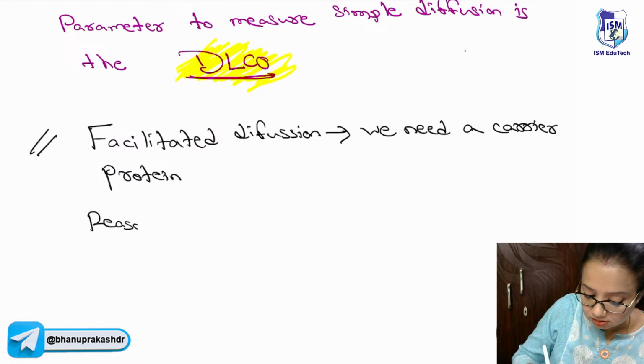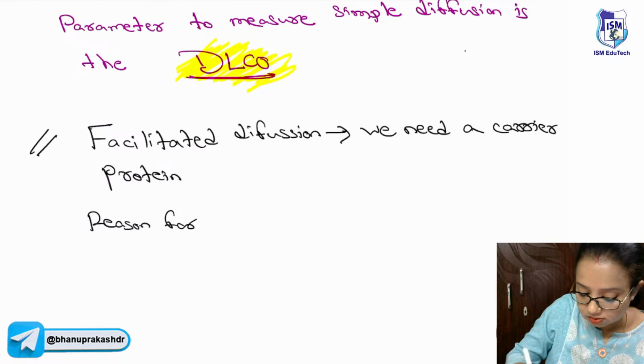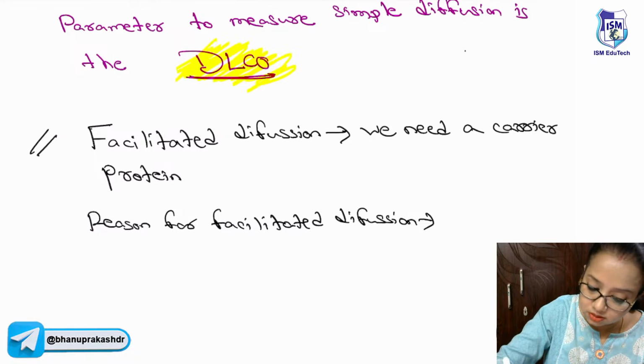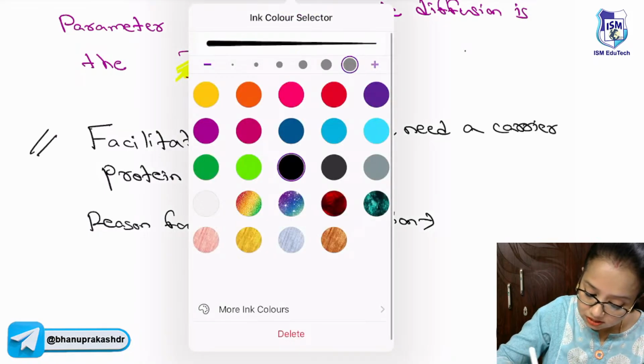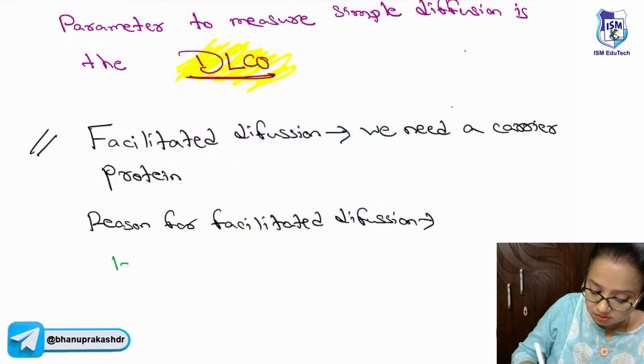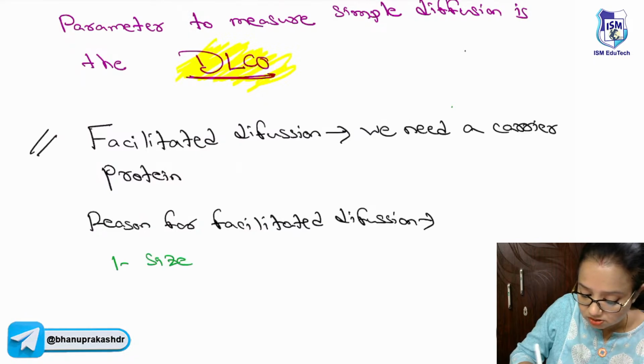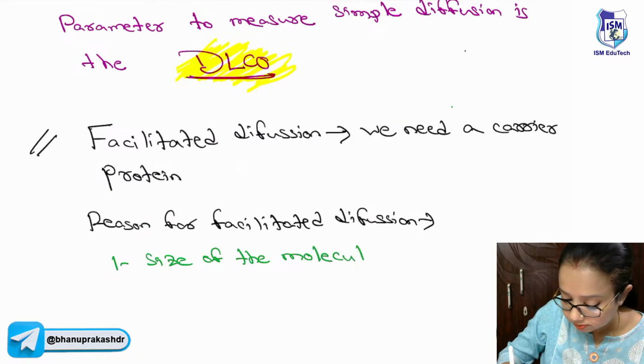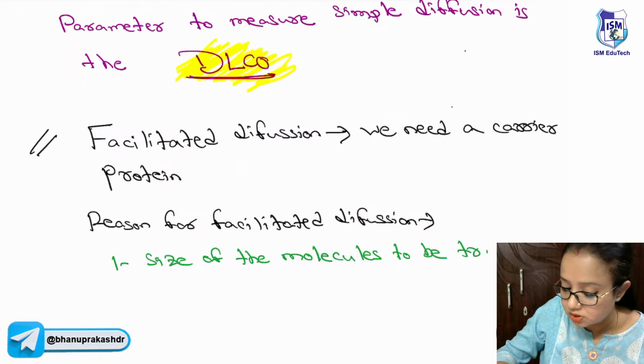What are the reasons for that? The reasons for facilitated diffusion to happen in the body are, number one, the size of the molecules to be transported.